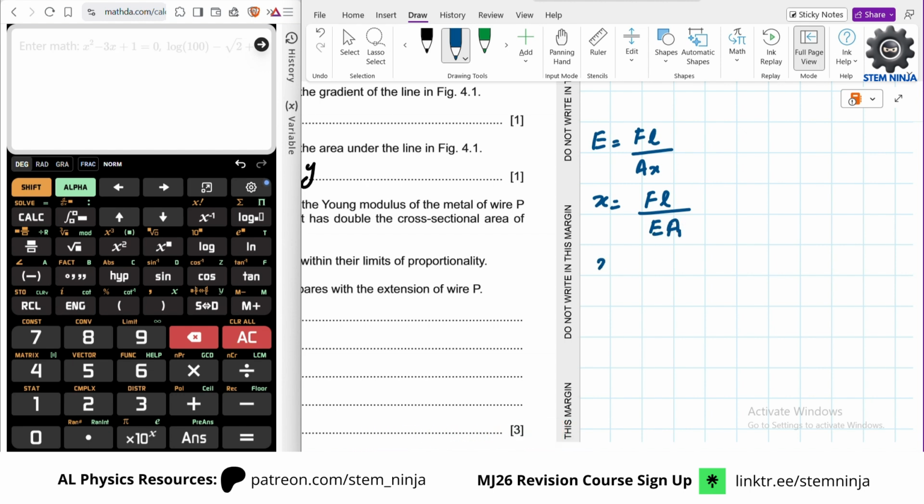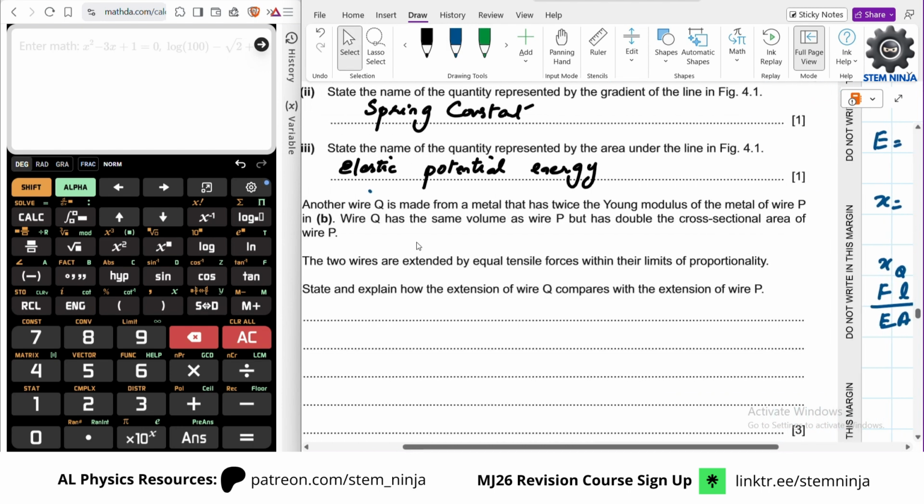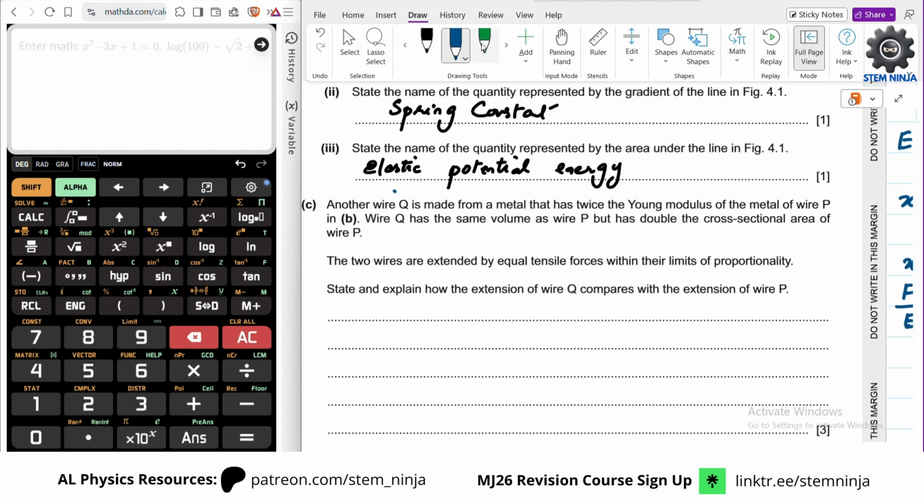So we need a ratio between x of Q and x of P. F is constant, so we don't need to write it. So FL over EA, FL over EA. Let's consider the factors that they have given us.